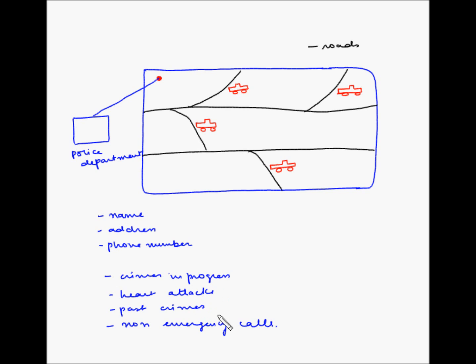Now these type of calls are then prioritized by the police department. For example, the calls for crime in progress and heart attack may be given a higher priority as compared to the calls for past crime and non-emergency calls. Now the systems used by the police department have automatic transponders which allow the person sitting in the police department to view the physical locations of the patrol units in this area.